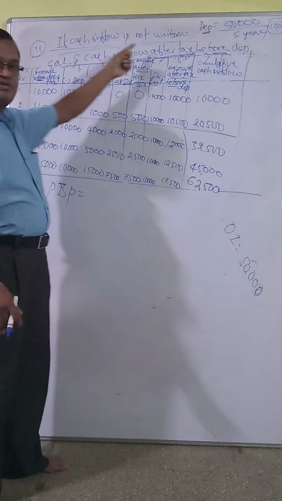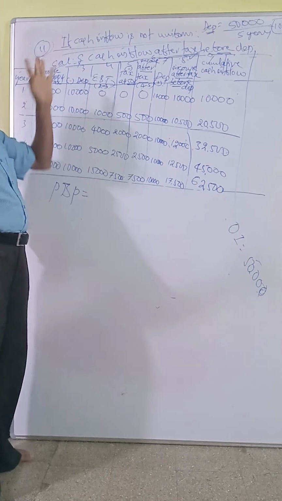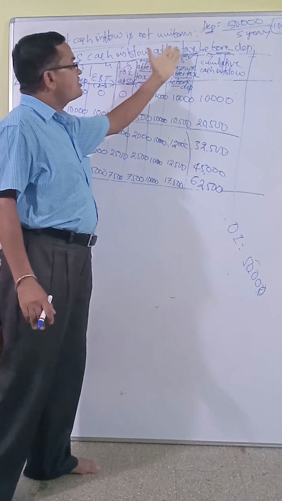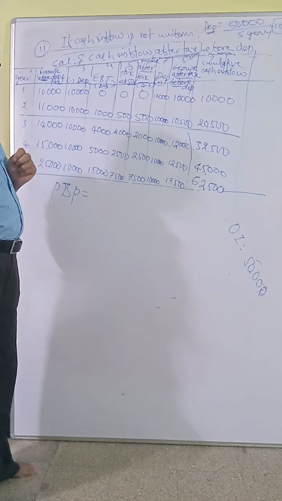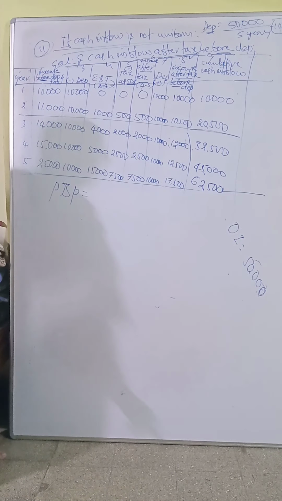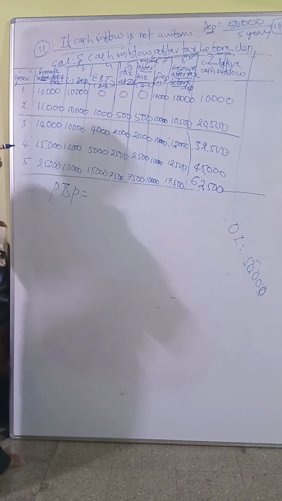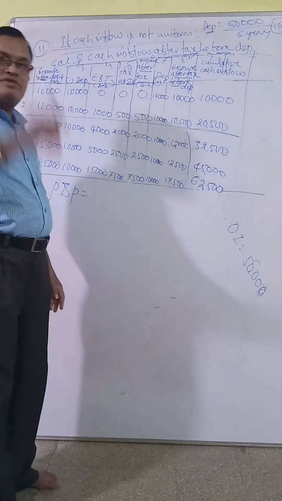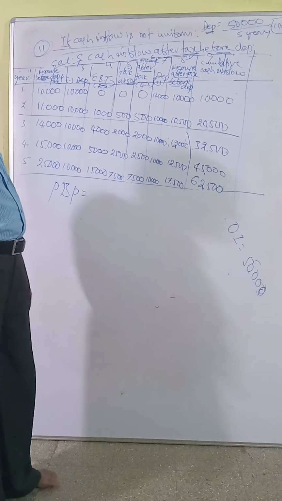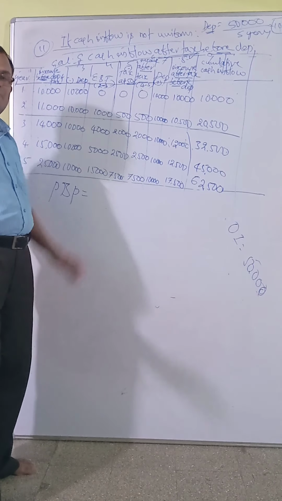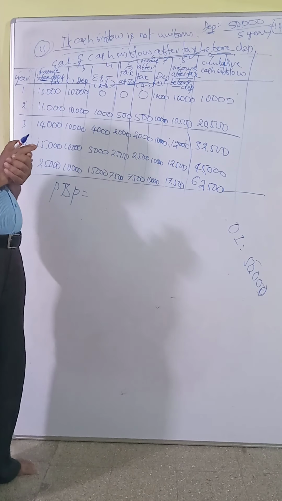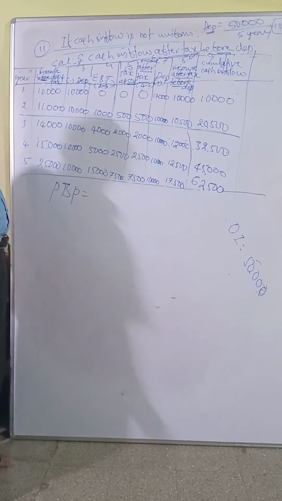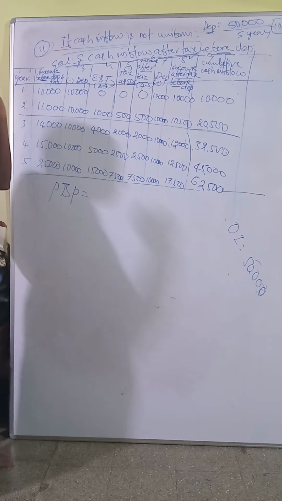If cash flow is not uniform, here also in this question, problem number 11, we want calculation of cash inflow after tax before depreciation. But in this question they gave that the company is ready to invest a sum of rupees 50,000 for purchasing a new machine, and cash inflow or income before depreciation and tax is given.